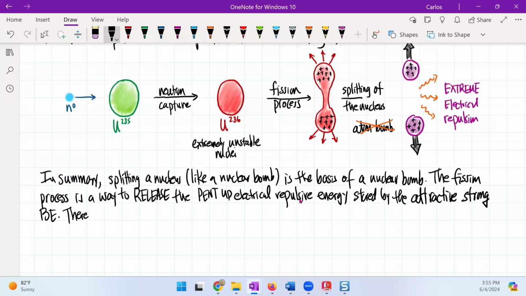Therefore, a nuclear bomb is really an electrical ball.